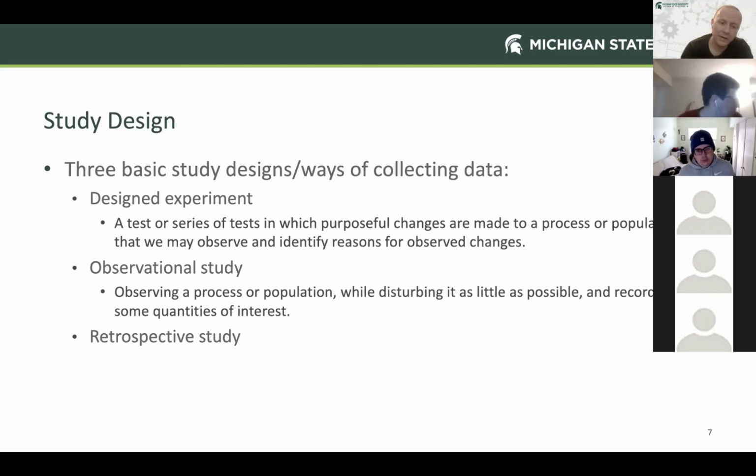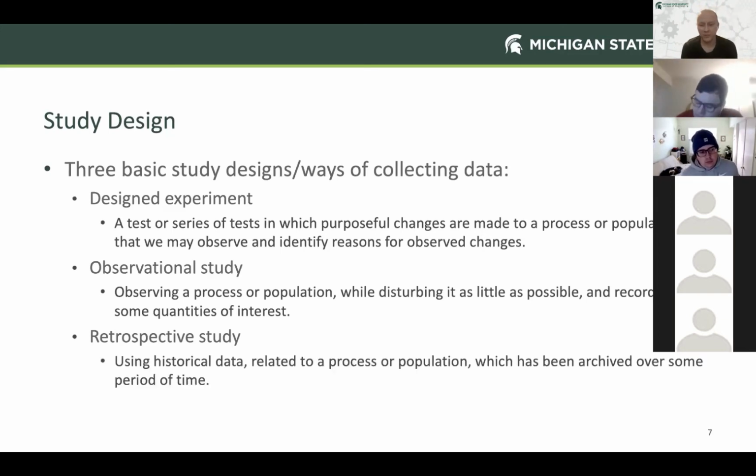And then in the third case, we have what's referred to as a retrospective study. In this case, we're not directly observing that population or those processes in real time. We're relying on historical data from some sources that help us to describe that process, and those data have likely been archived in some form or fashion.